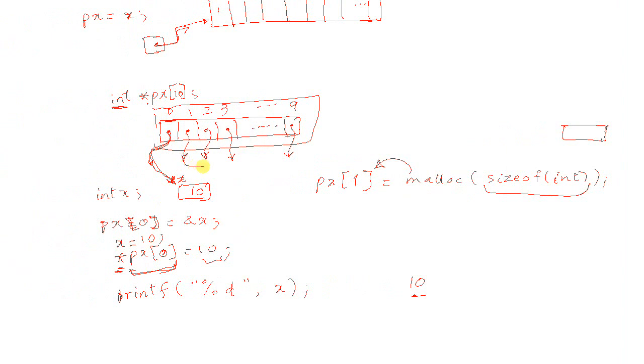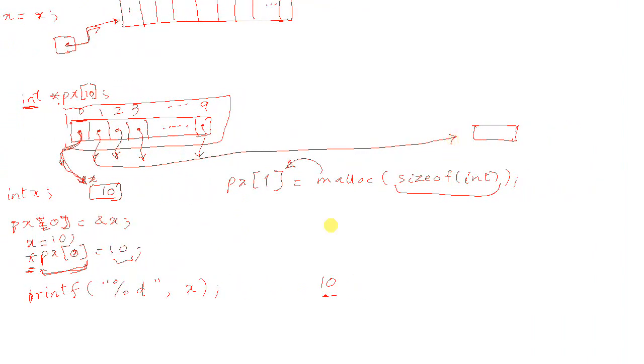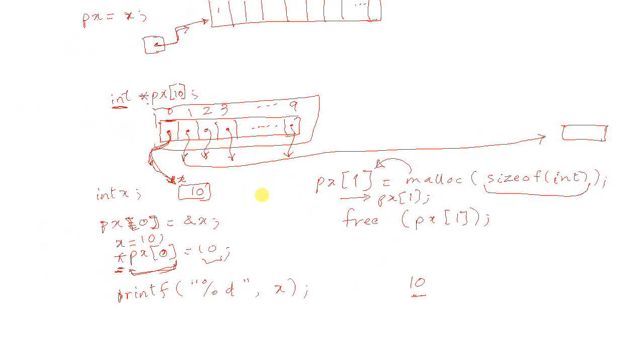So this will start pointing right here. And then later on you could free px of 1. Don't forget to free when you're done using px of 1 here. So you could do lots of things with each of these pointers.